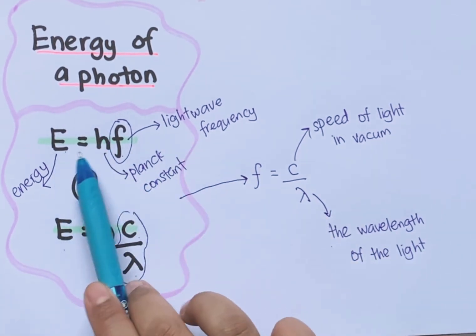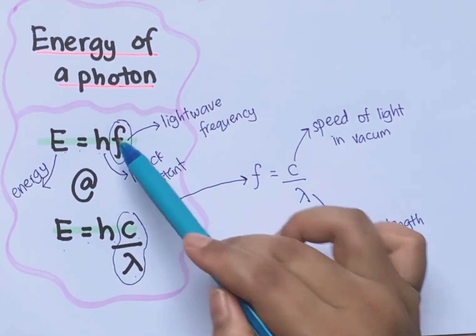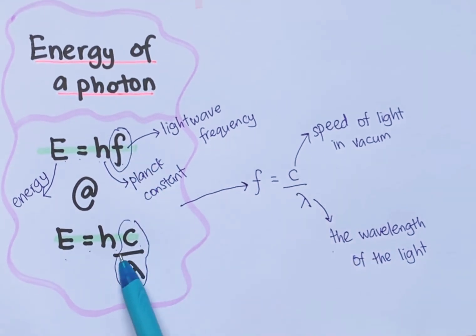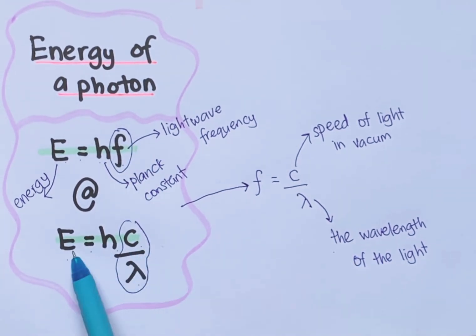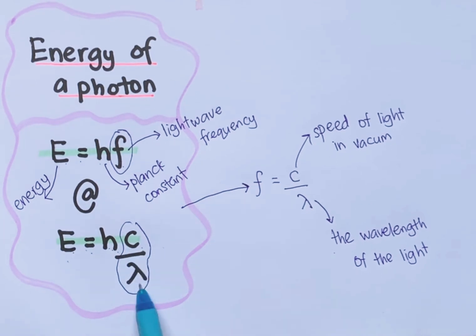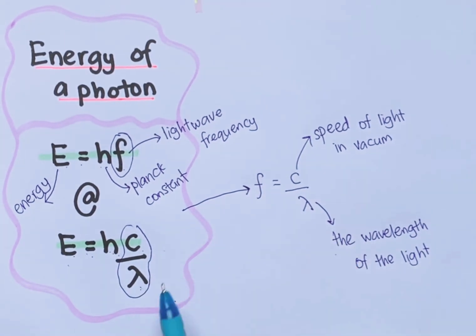So from E is equal to HF, we can substitute F with C over lambda. So we get E is equal to HC over lambda, the equation for energy of photon.